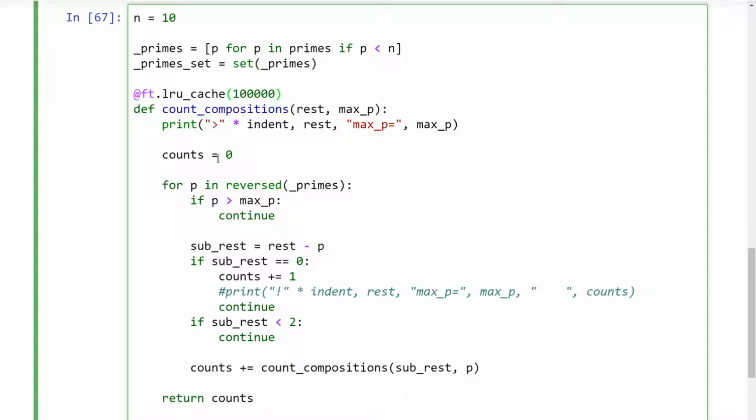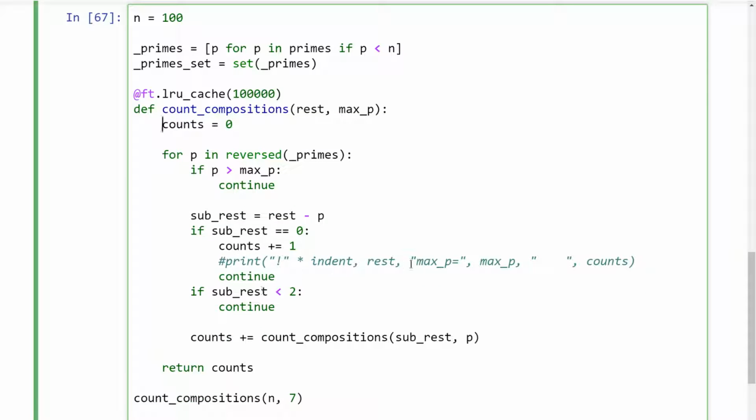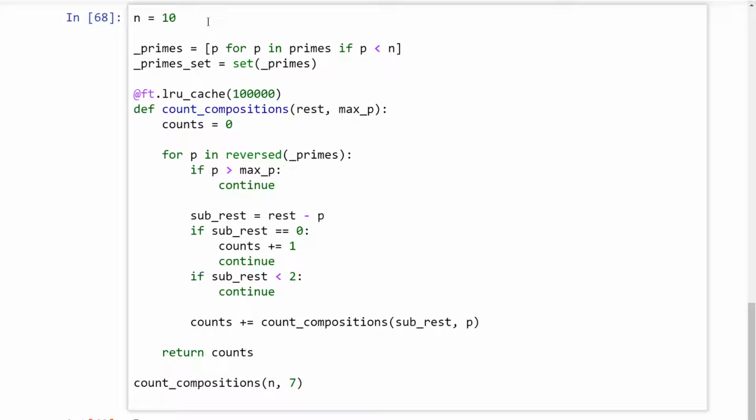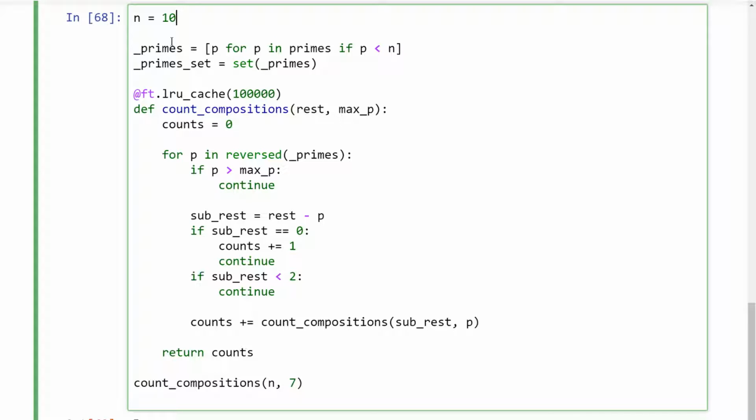Let's give him plenty. And let's do this and this. Let's, I don't know, start small. I'm not sure how bad this explodes.